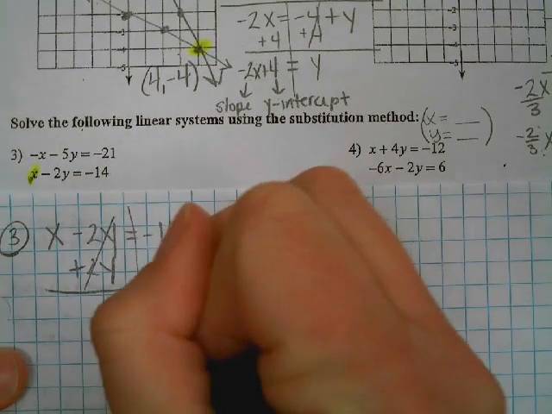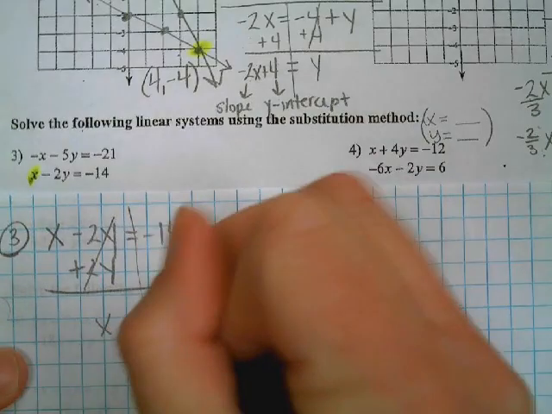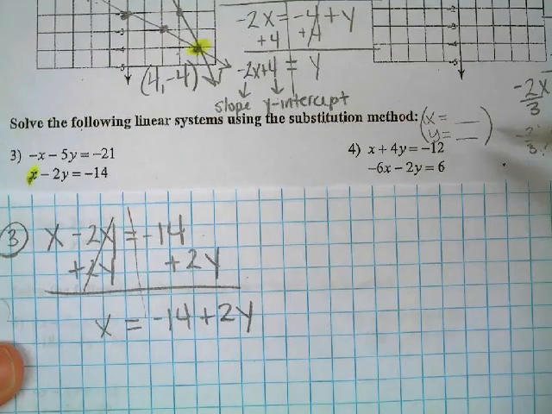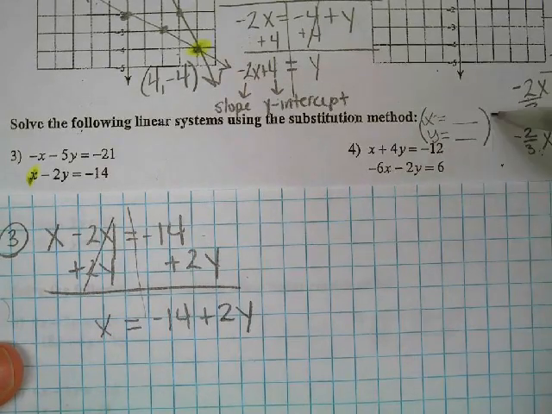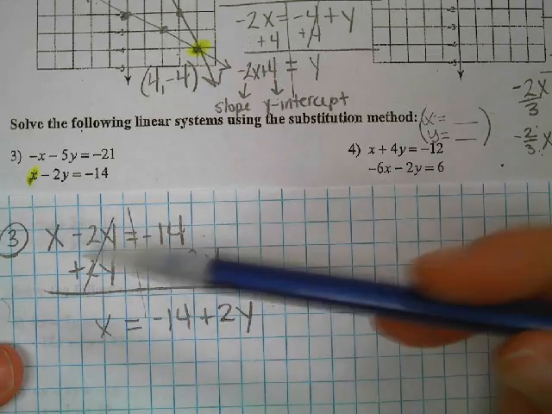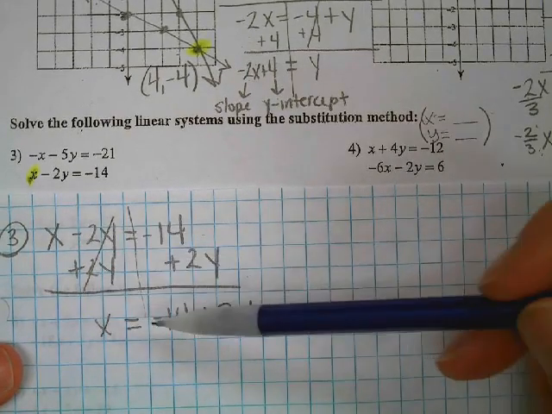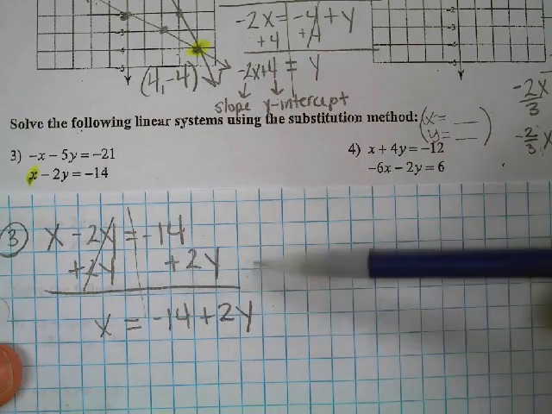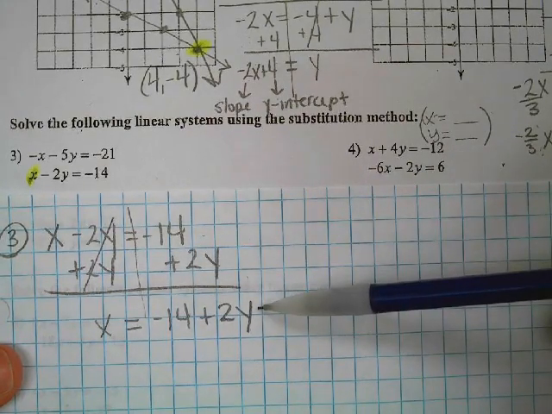So now I know that x equals negative 14 plus 2y. So that's step 1, is to get either x equals something or y equals something. And in this case, it was easier to get x equals. So starting with the second equation, I added 2y to both sides. So now I know that x equals negative 14 plus 2y.